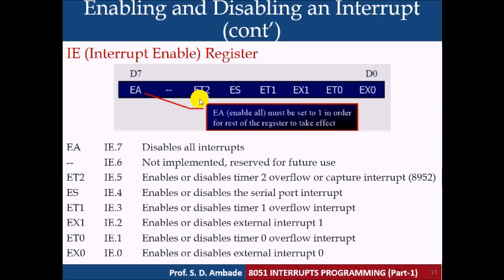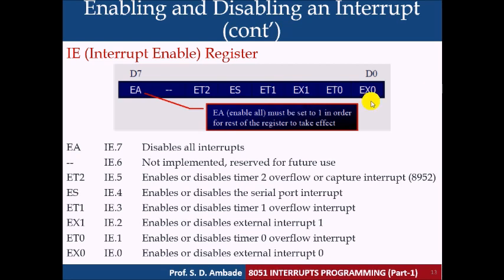Then the ES bit is used to enable or disable the serial interrupt. Means if we set this bit, the serial interrupt will be enabled. Then ET1 is for enabling or disabling the timer 1 overflow interrupt.